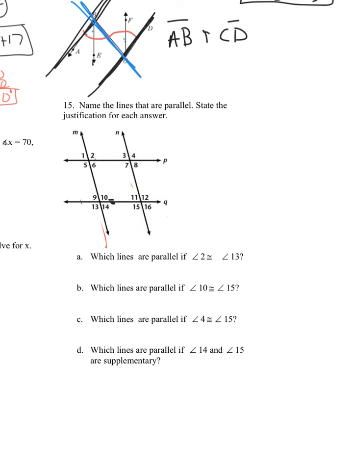So what's the parallel lines here for 2 and 13? It's going to be P and Q. And what's the justification? It would be alternate exterior angles. We didn't talk about this much, but if you want to prove lines are parallel, you have to prove that one of those 5 relationships does exist. And if it does, then there you go.